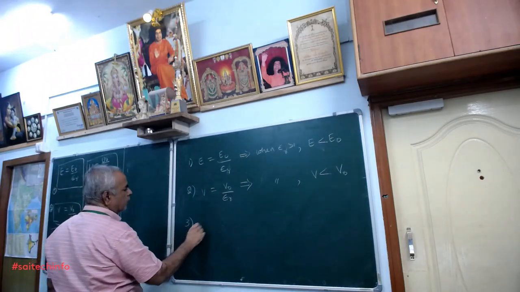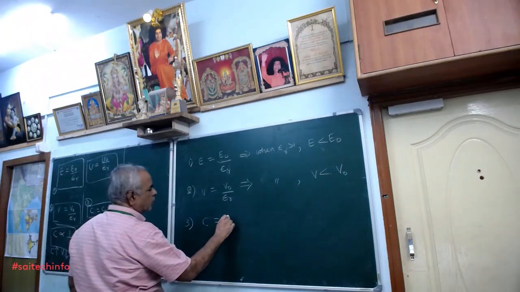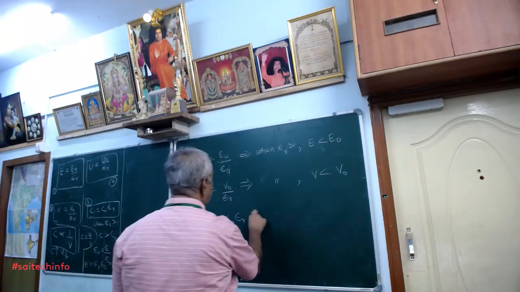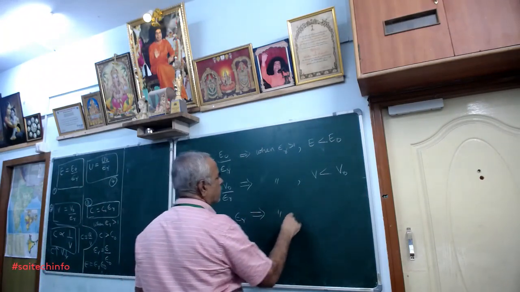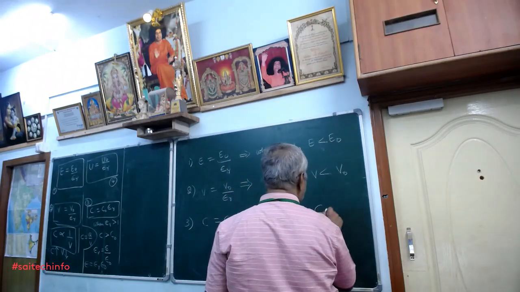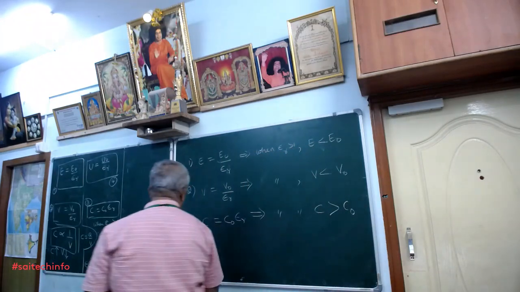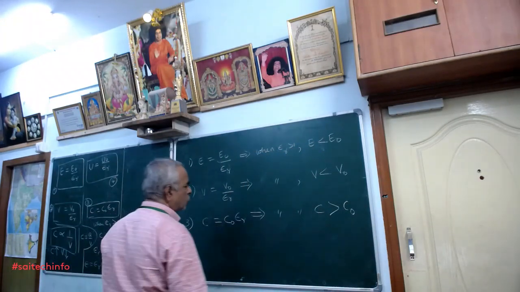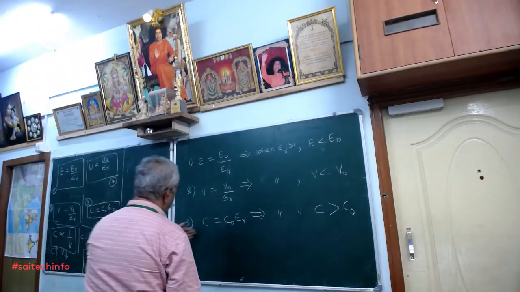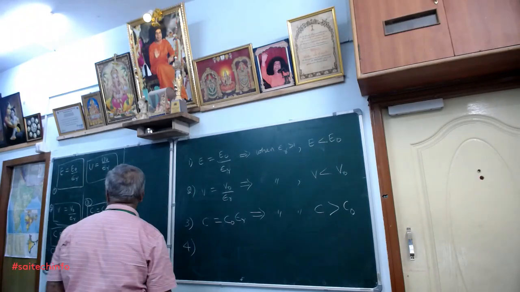Third aspect, capacitance is equal to C naught into epsilon R, which implies when epsilon R is greater than 1, C is greater than C naught. Are you able to follow?